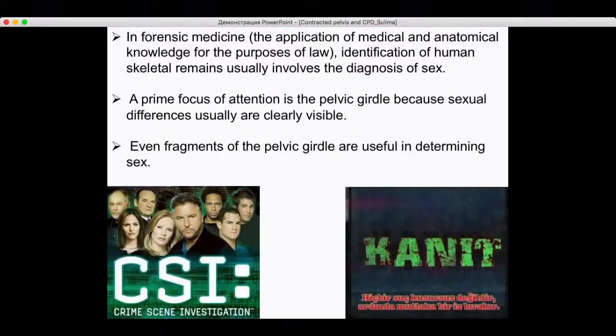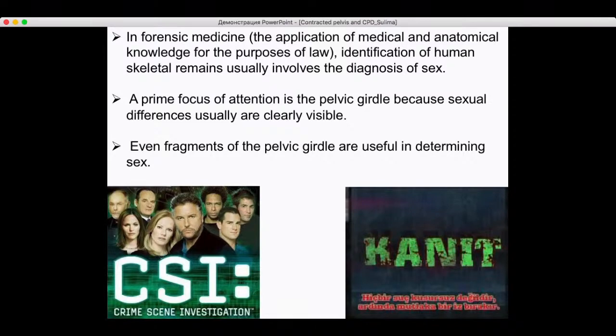In forensic medicine, the application of medical and anatomical knowledge for the purpose of law, for what? The first, for the identification of human skeletal remains, usually involves the diagnosis of sex.